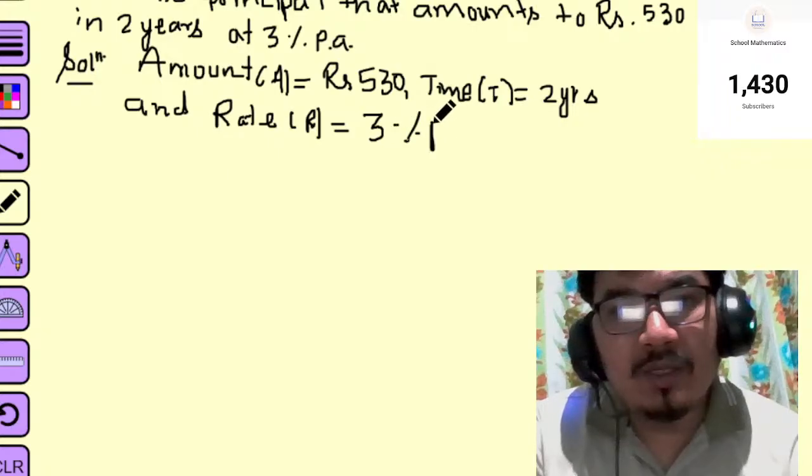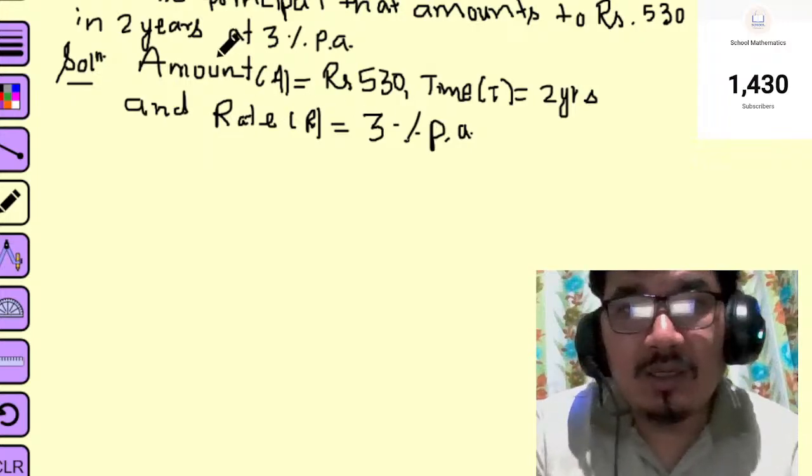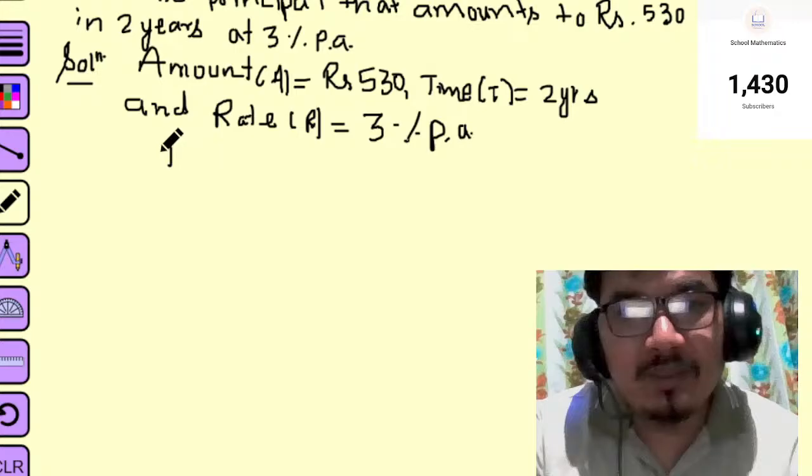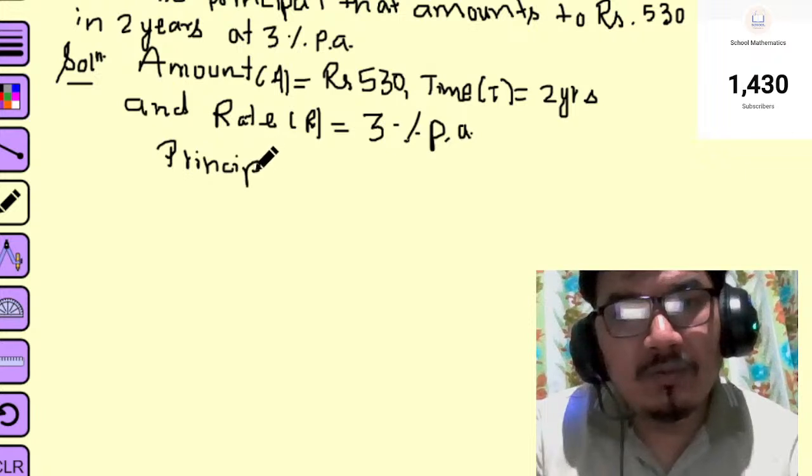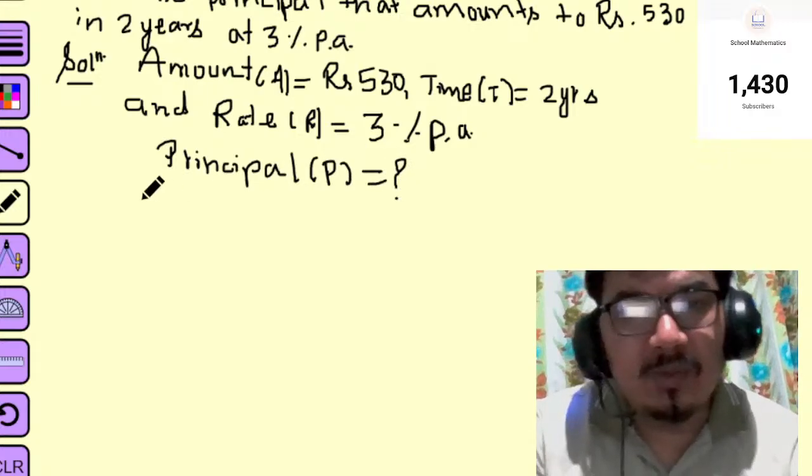And it asks us to find the principal. Principal equals what here? This is the missing value. The missing value is to find principal, that is P, question mark.